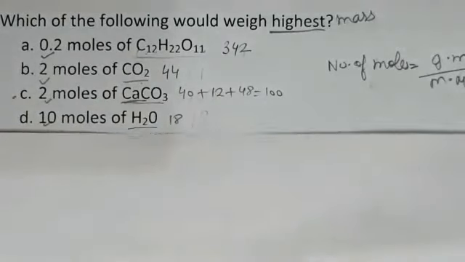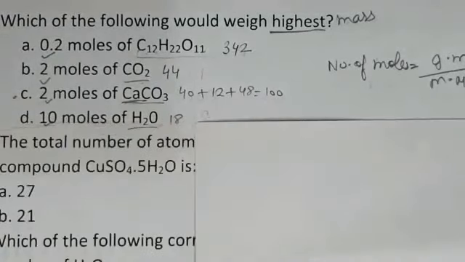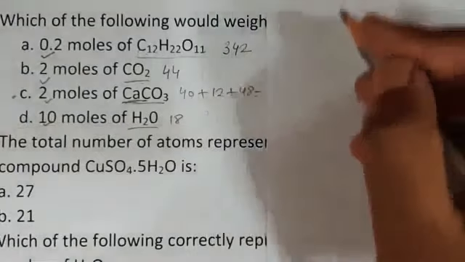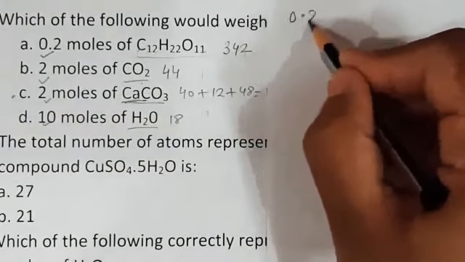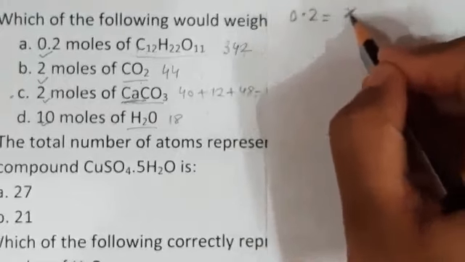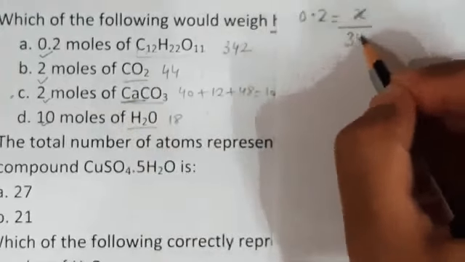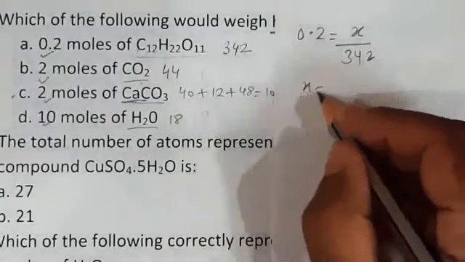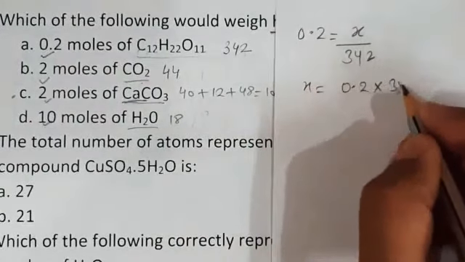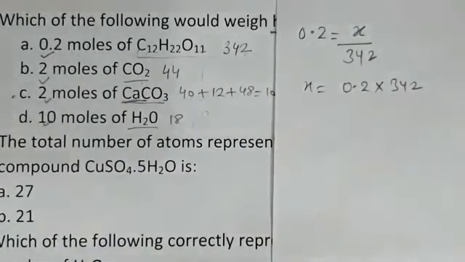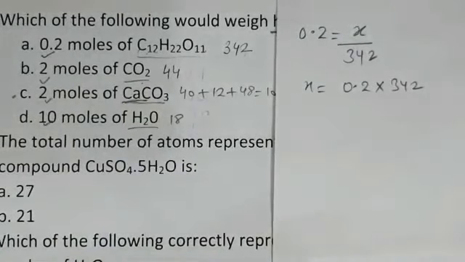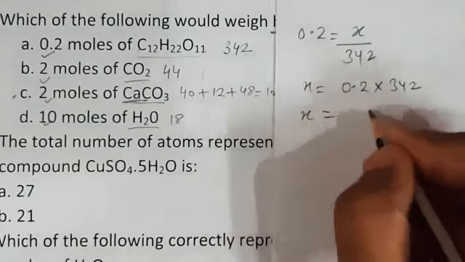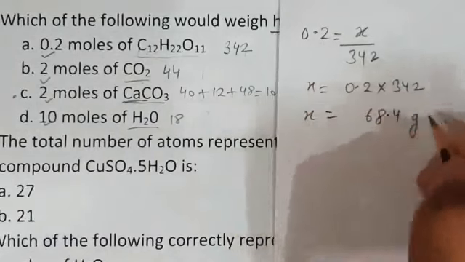So, number of moles. For the first case, number of moles is 0.2. Given mass I am considering as X and molar mass is 342. So the value of X will be 0.2 into 342, which is 68.4 gram.